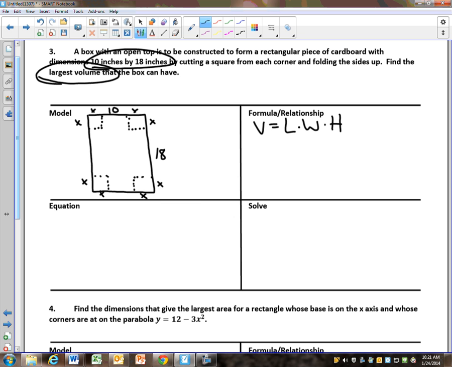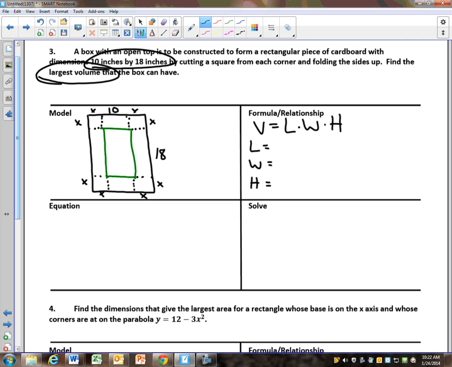You see that when I cut those out and I fold up the sides, and when I say the sides, I'm talking about folding along that line. Do you see that I will end up with a 5-sided figure? Okay? So we want to maximize the volume. When I maximize the volume, I now need to represent these dimensions. And so I have length, I have width, and I have height.